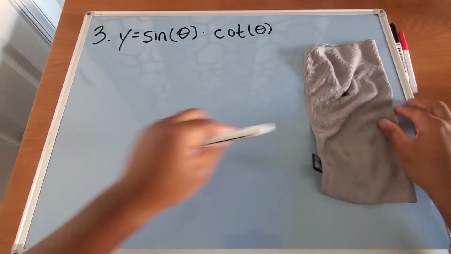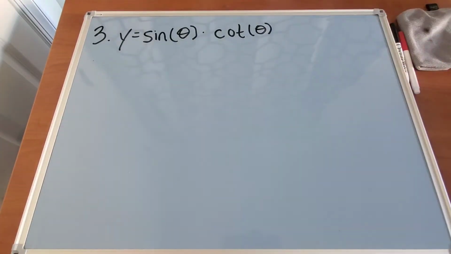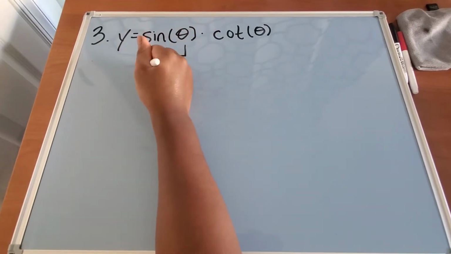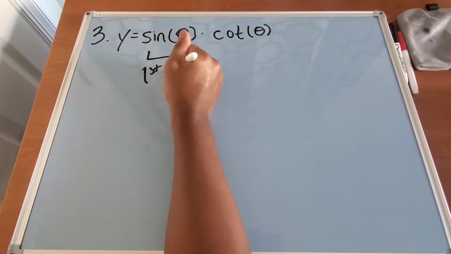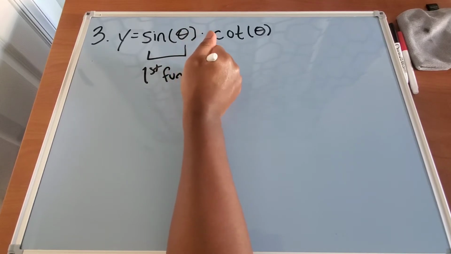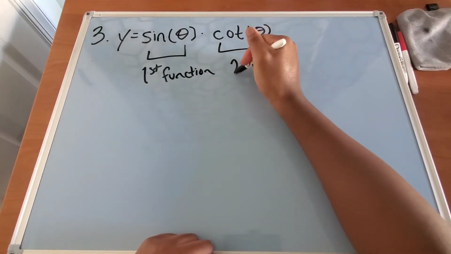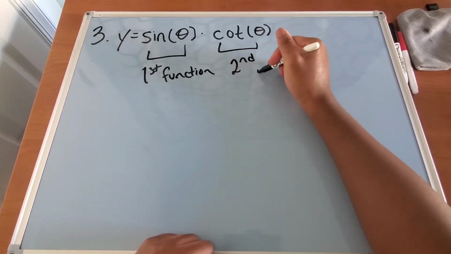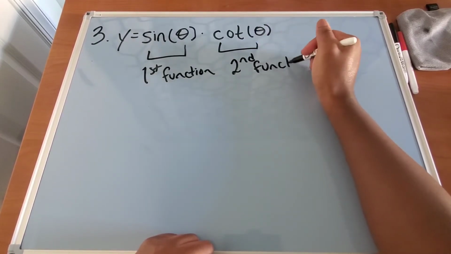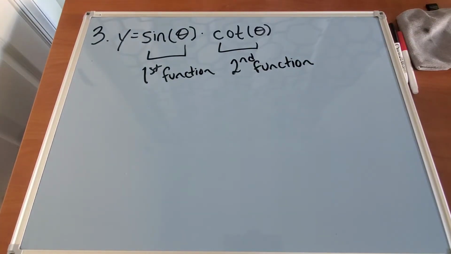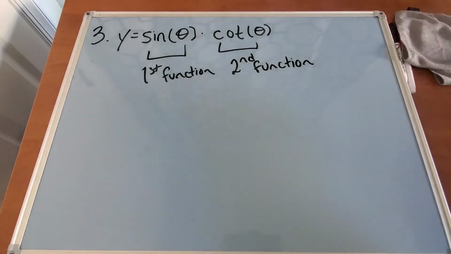But since this is product rule, I'm actually going to show you how you just use the product rule on it. So this is our first function. This one right here is our second function. So now that we've identified sine of theta and cotangent of theta as our first and second functions respectively, we can just go ahead and take the derivative of them.